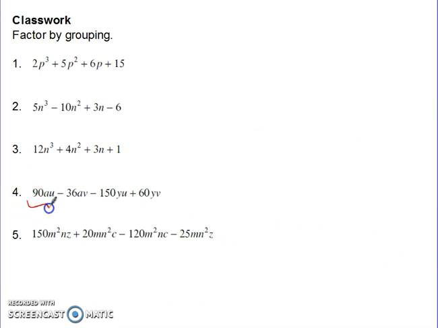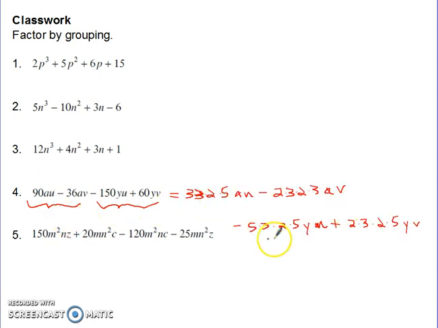Okay, our second to last one, we're going to factor from this group and this one. I'm going to break everything apart to identify the GCF. Okay, so we have two separate lines here because I wasn't able to fit it, but we have 90, which is 9 times 10, and we have a 36 times 6.